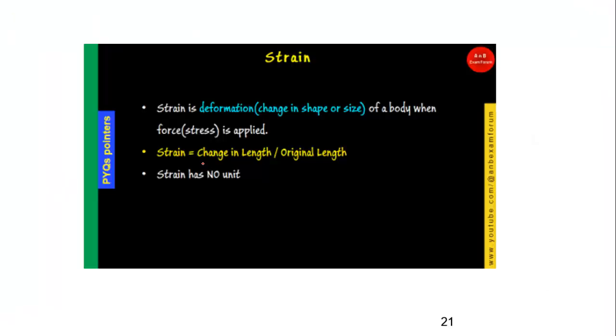You should remember that strain is the deformation or change in shape of a body when force is applied. Suppose force is applied on an object, so there will be a change in length. The ratio of how much it has changed with respect to the original length is the strain. And remember, strain has no unit because this is in meter, this is in meter, so it will cancel out.